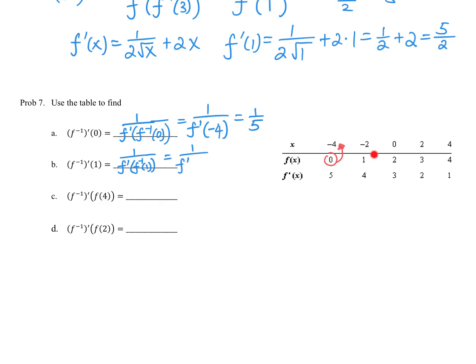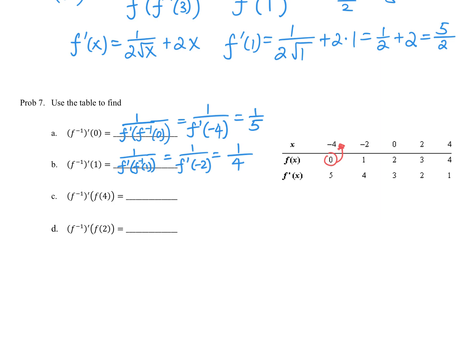So f inverse of 1 is -2. And this will be 1 over the derivative of f at -2, which is 4. So this is 1/4.